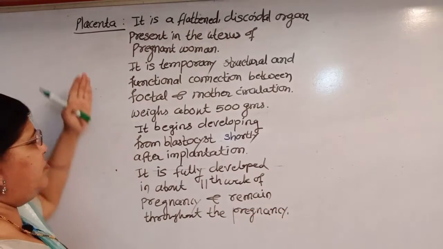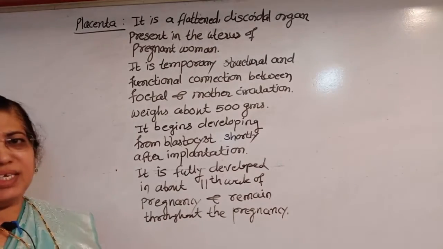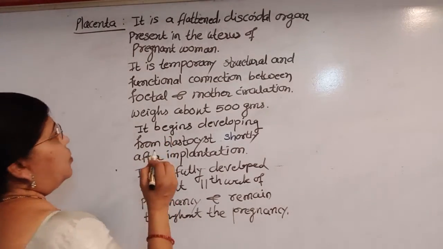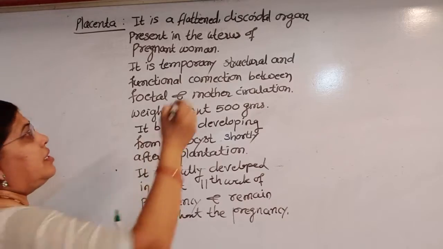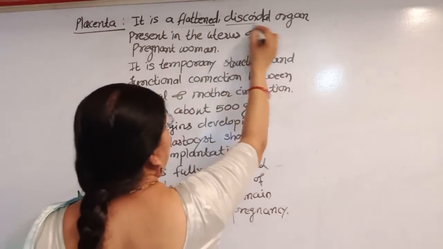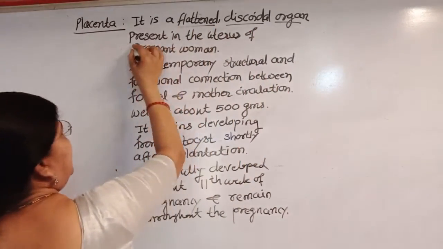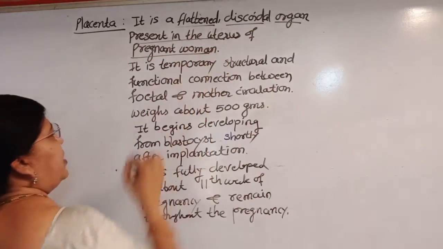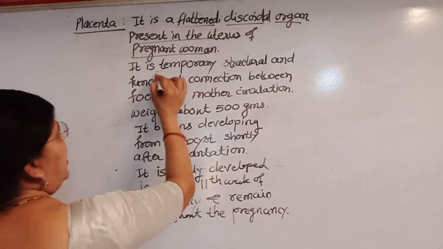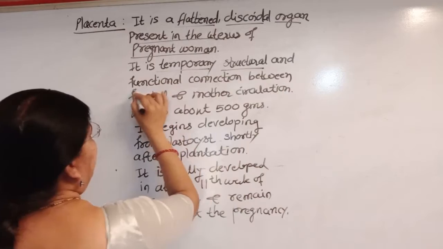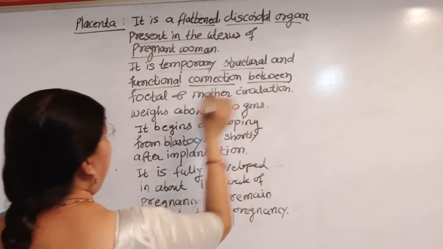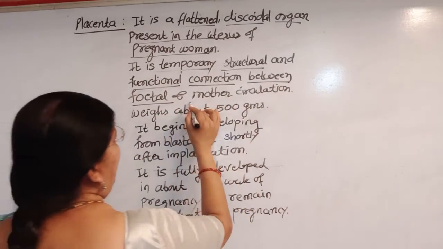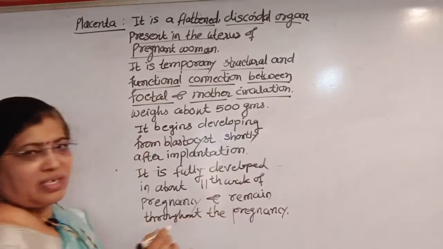So these are some important points in the placenta. Human placenta is flattened discoidal organ present in the uterus of pregnant woman. It is temporary, structural and functional connection between fetal and mother circulation.